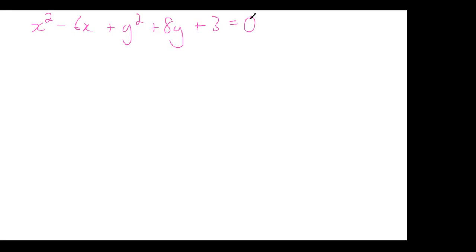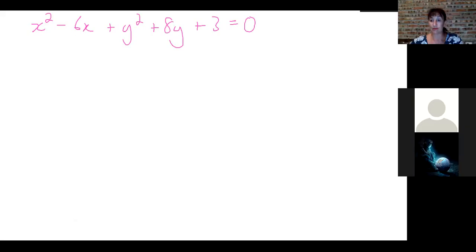Just give you like a minute head start. And again, they will tell you that this is a circle. They will then ask you to find the center and the radius. Okay?